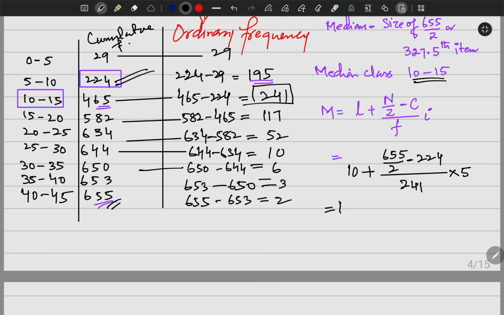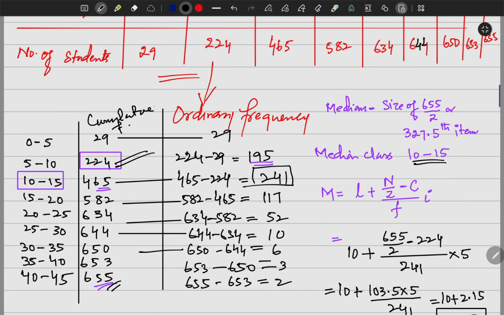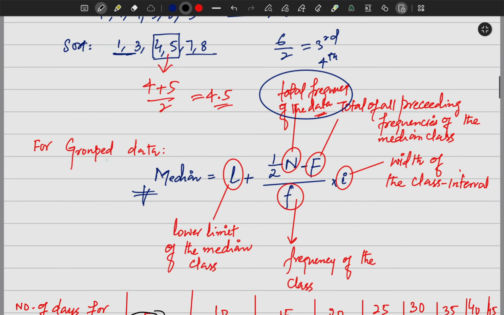So when you compute it, it will be 10 plus 103.5 multiply 5 divided by 241, so that is 10 plus 2.15, that gives you 12.15. Okay, so this is the median of the data, that is the classified data or grouped data.